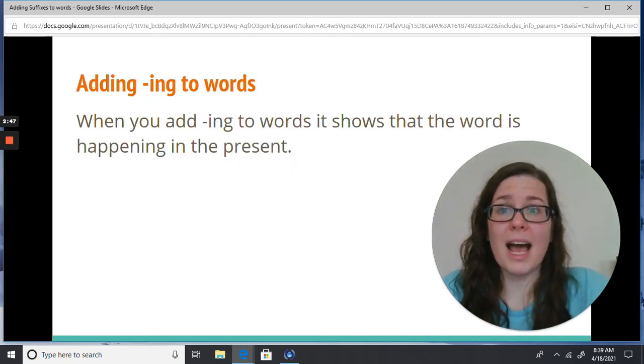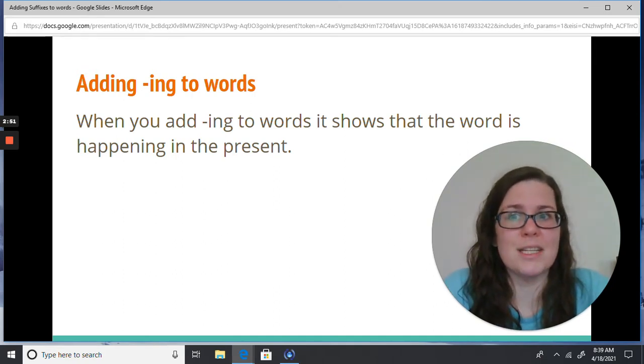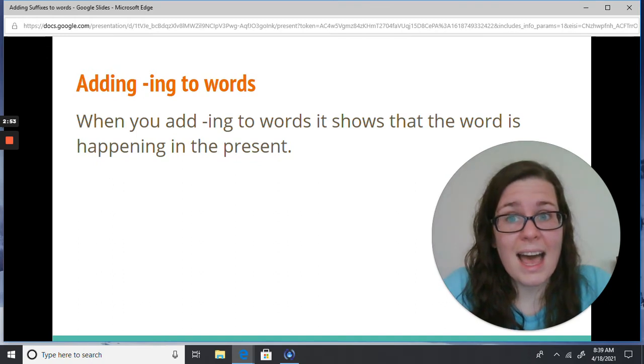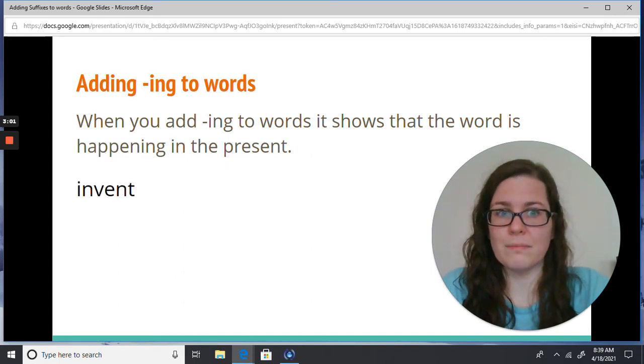Now we're going to learn two more suffixes today. We're going to learn ing and ed. The first one we're going to talk about is ing. When you add ing to words, it shows that that word is happening in the present as well. So, for example, we have a two-syllable word. Let's sound it out. We're going to split it at the N and the V, the two consonants.